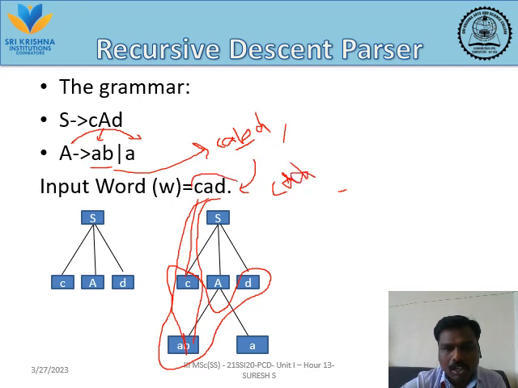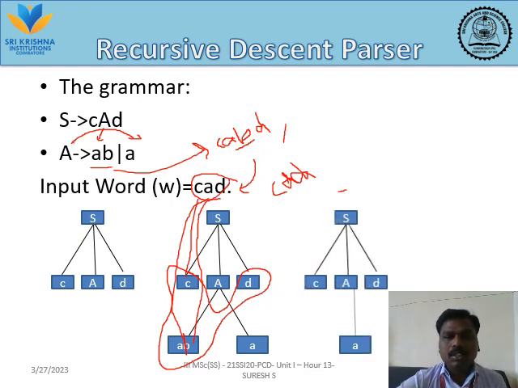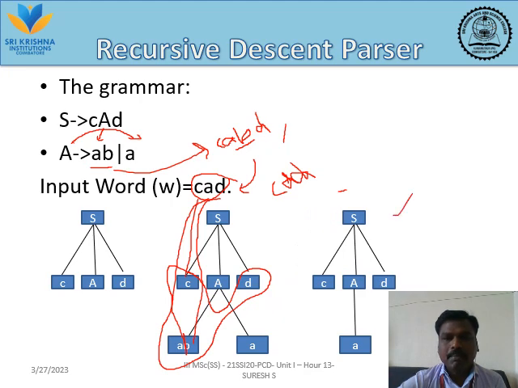Finally, we got the output matching the desired input. This is how it works; this is the backtracking. The first time it did not match, so the second time we look into the second alternate, and according to it, it matches the input word. So the grammar accepts the given input word.